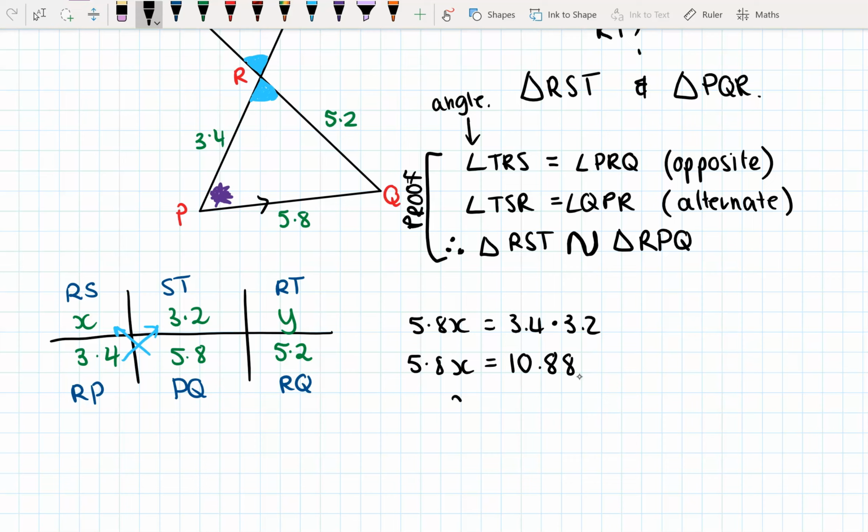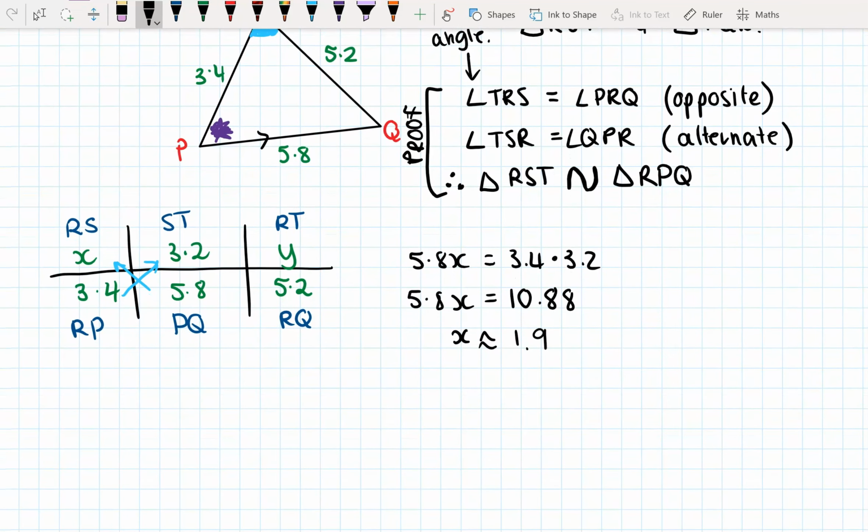Okay, x is going to be 10.88 divided by 5.8, which is, well, we're going to say approximately 1.88, rounded to 2 decimal places. And, oh, the question said to 1 decimal place, so in this case it would be 1.9. Okay, so we found x.